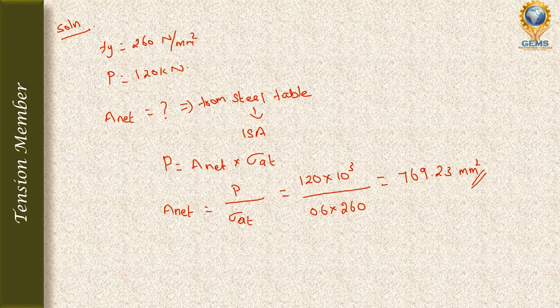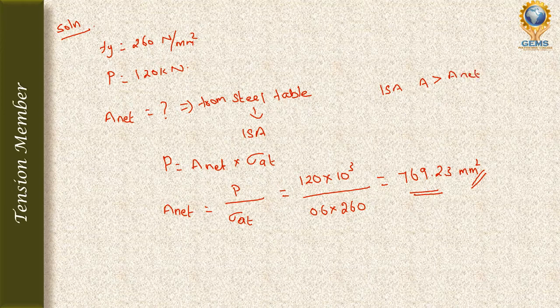For this, we have to assume one angle section from the steel table. Mostly we will assume the angle section's area should be greater than the A net.